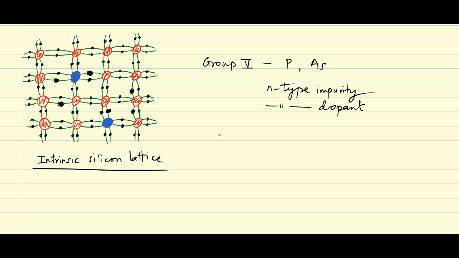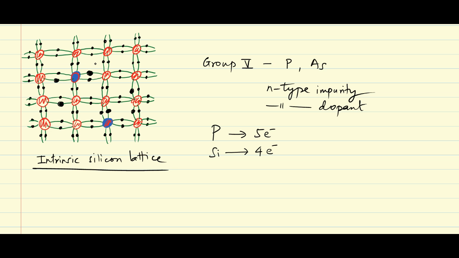Now of course I have left out something in the figure. You all recall that a phosphorus atom actually has 5 electrons in its valence shell, whereas silicon has 4 electrons. So when I replace a silicon atom with a phosphorus atom, then of course I have one extra valence electron.